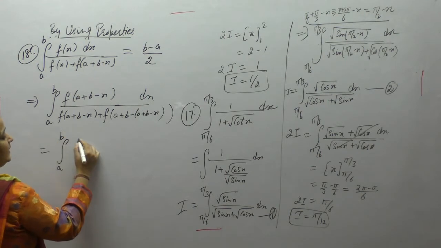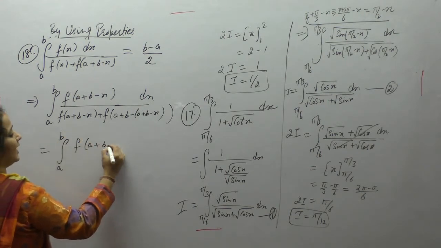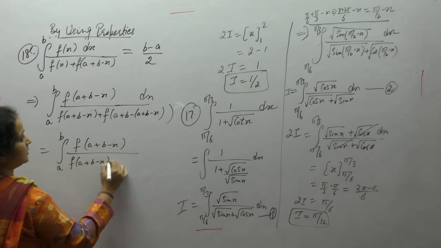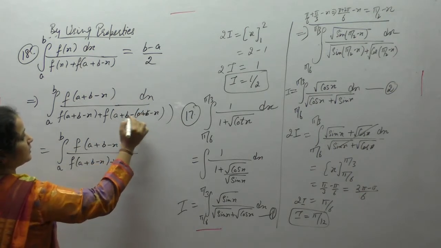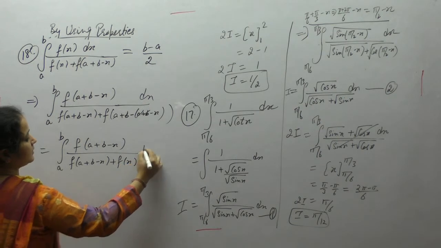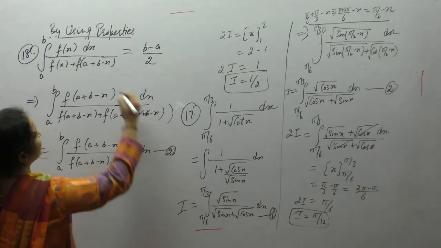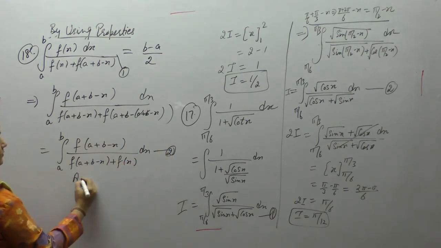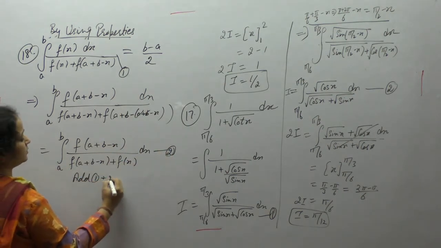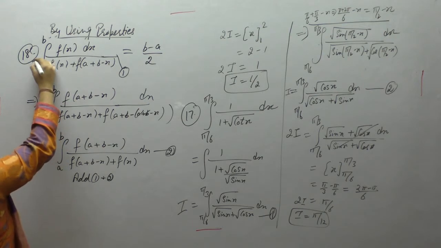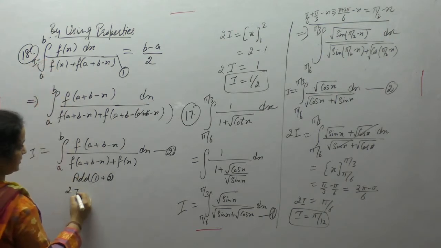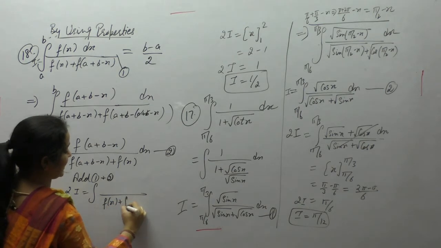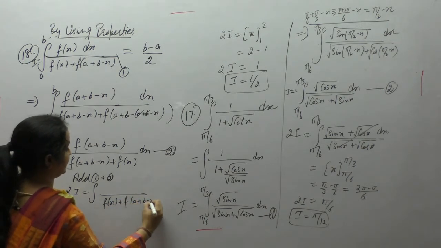Integral a to b f of a plus b minus x. Let it be 1 and this equation 2. Add 1 and 2. Denominator is same. Just add the terms which are in numerator.